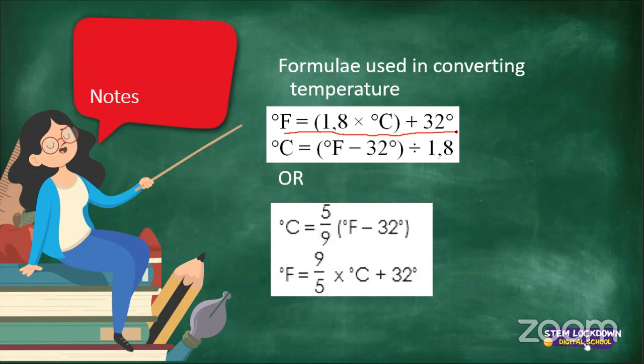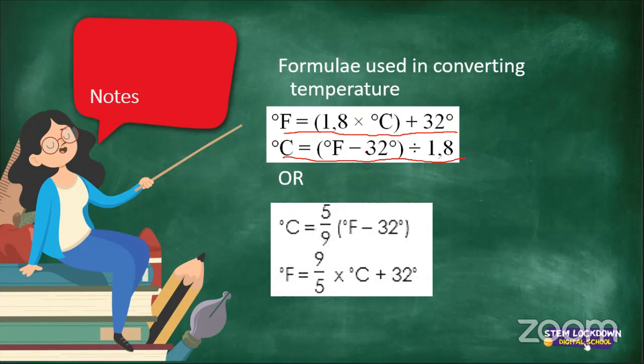All you need to do is substitute correctly and give your answer in the correct units. If I convert from degrees Fahrenheit to degrees Celsius, you'll use this formula. First copy it down as is, then substitute, then simplify, then give the answer with correct units.